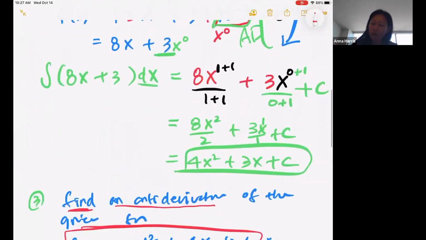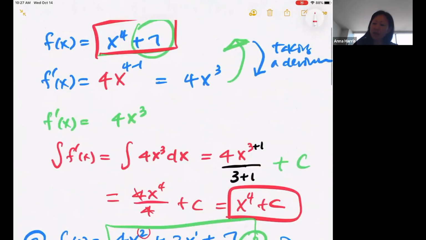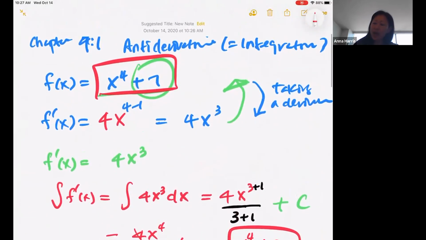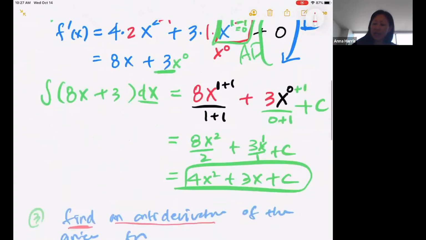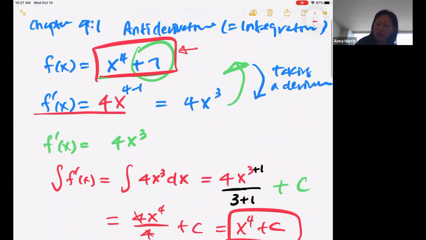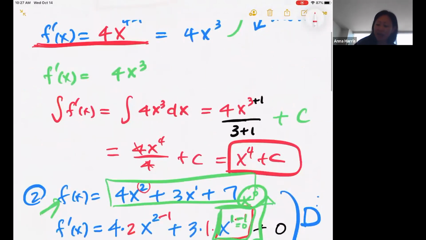My previous problem was just a function, and I said take a derivative, and then go back by taking an antiderivative. In that case, this is your antiderivative, this is your derivative, and then I have to go back to find the f.